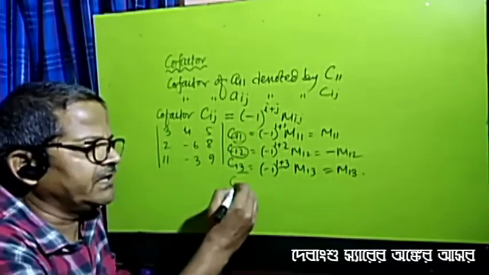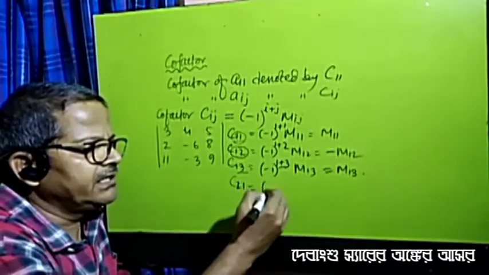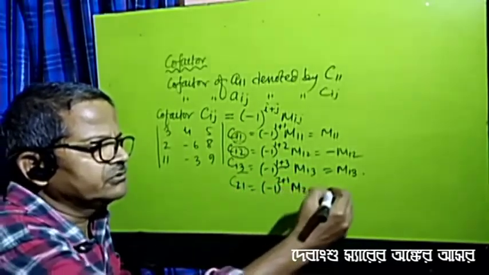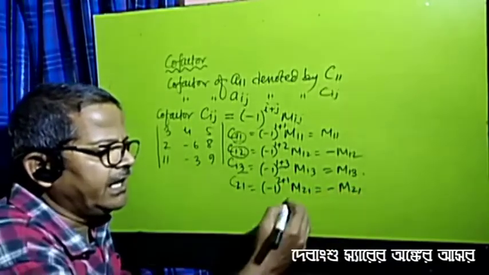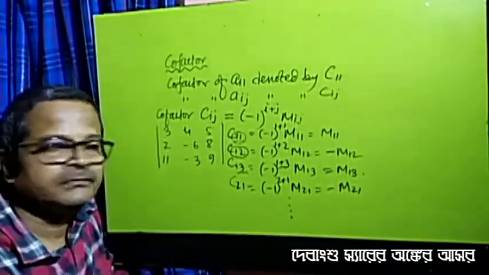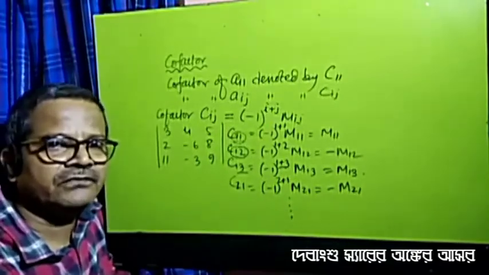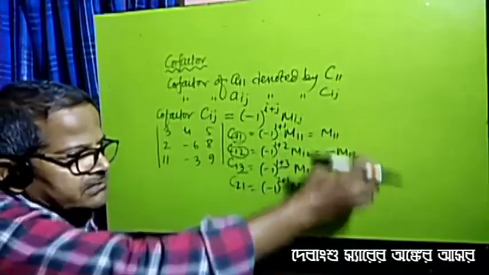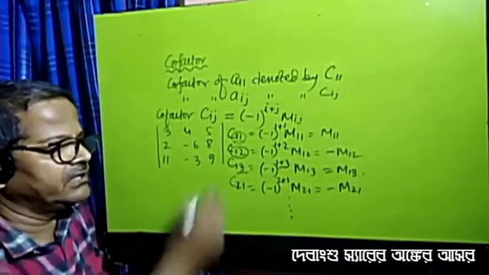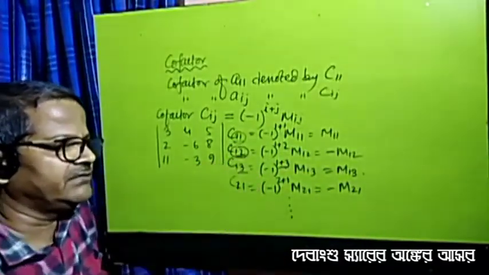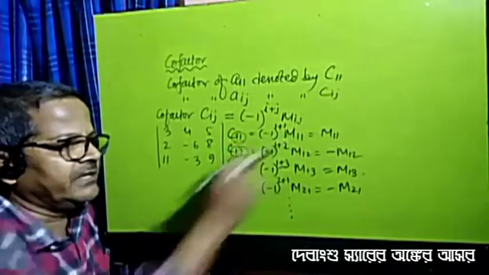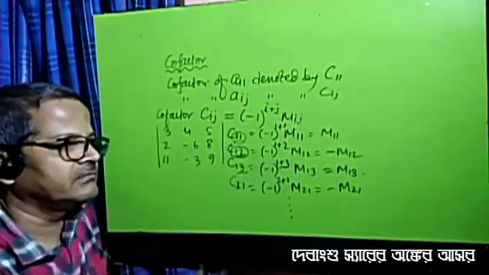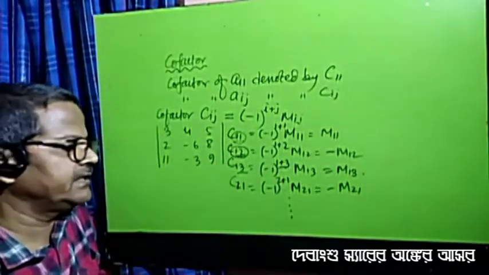Likewise, we can define C21. It is minus 1 to the power 2 plus 1 M21, so it is minus M21, and so on. So this is the definition of cofactor. When the sum of these two is even, cofactor and minor have no difference, and when it is odd, the cofactor is just the negation of the minor.